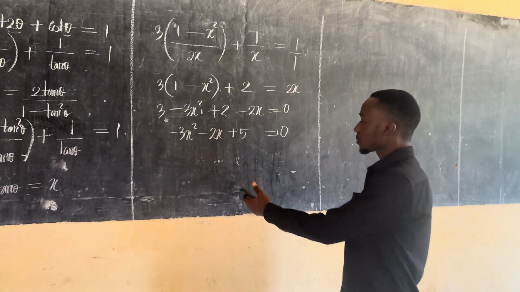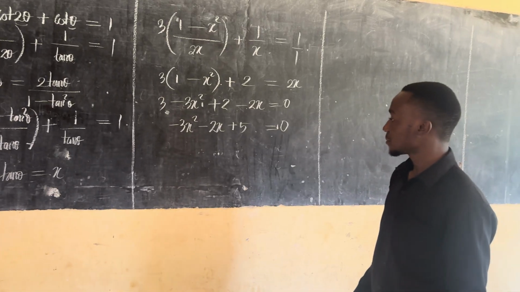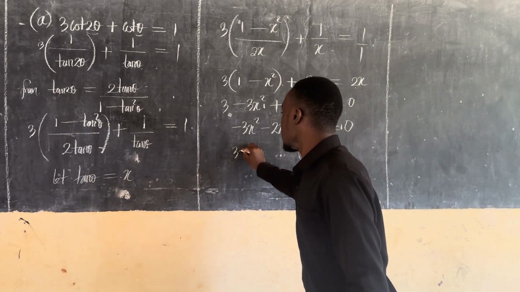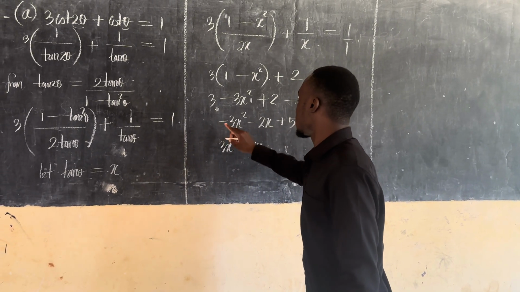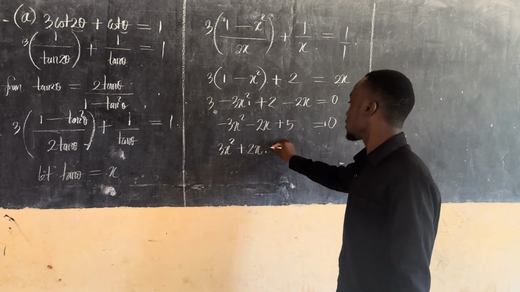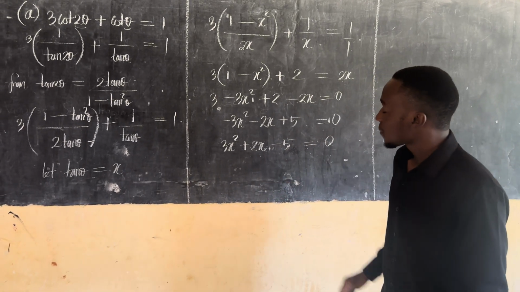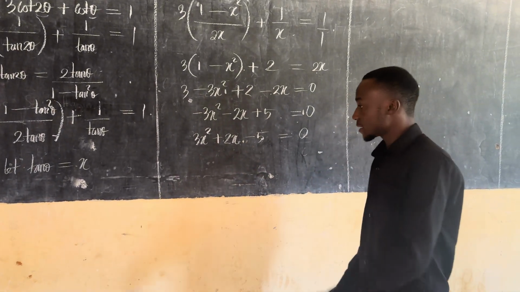Now we can solve this quadratic equation and get the two possible values of x. You can multiply it by negative 1 to make the coefficient of x squared positive, equal to 0. If we can get factors, that is better, and it makes our life easy.